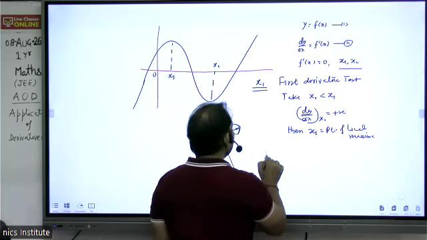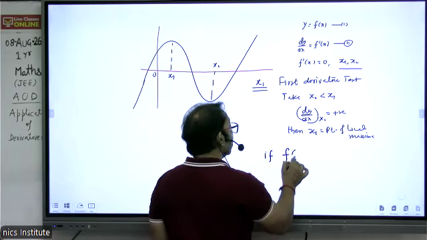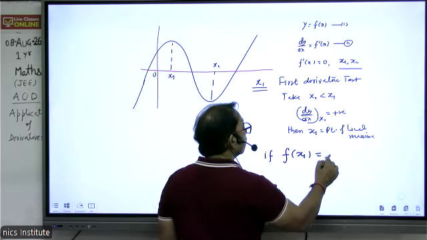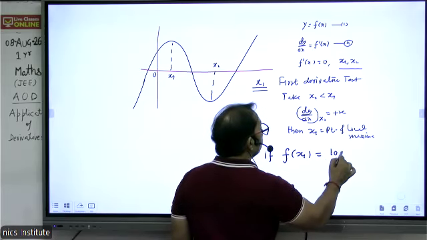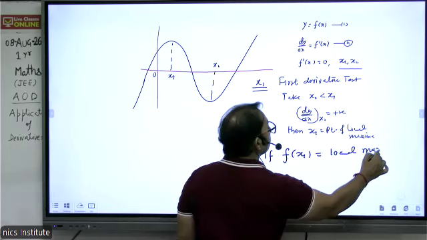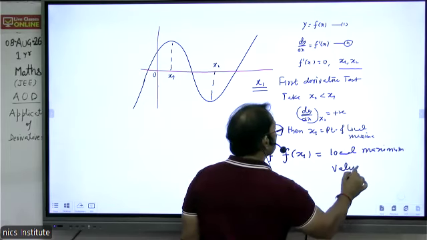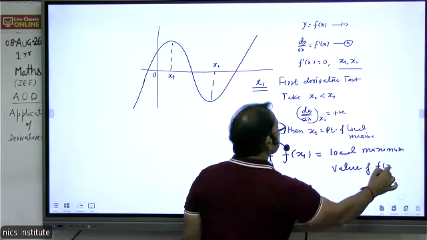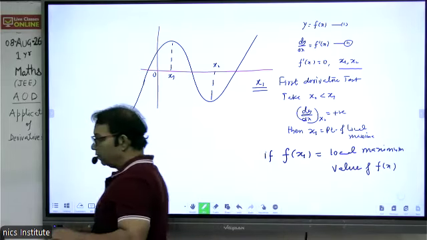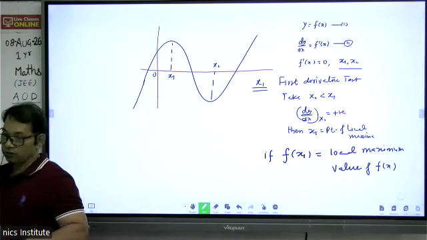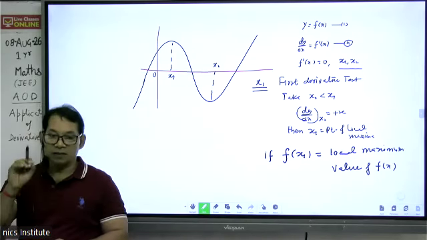And if you find f of x1, this will be called the local maximum value of the function. When you substitute the point in the function, it is the local maximum value.